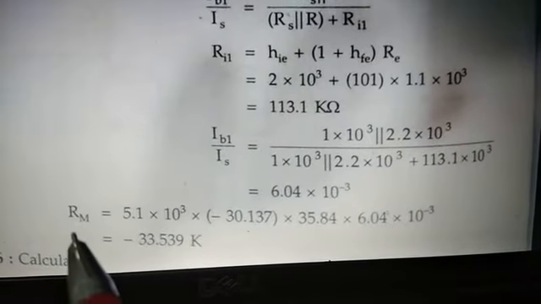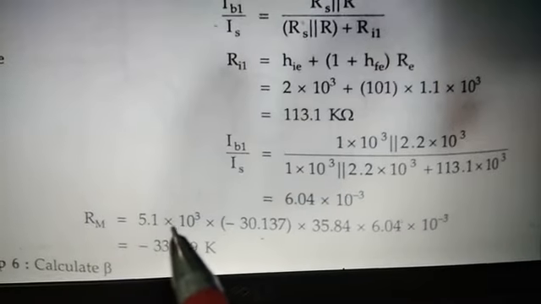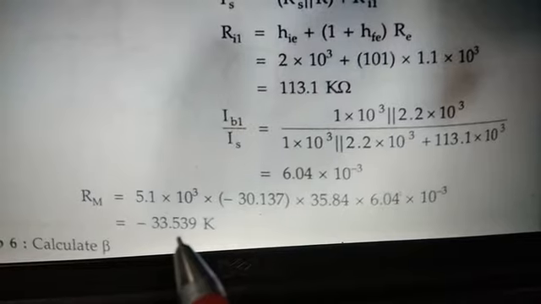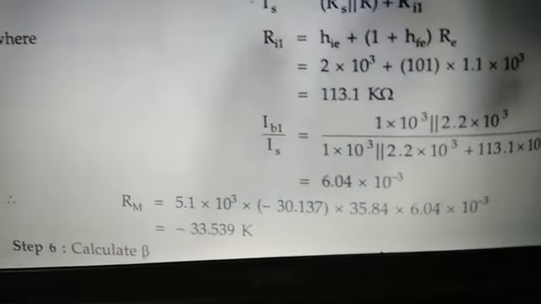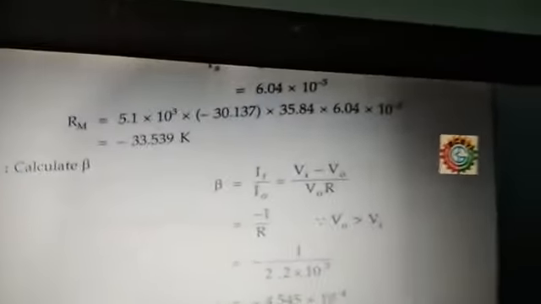And finally, you calculate this value of RM by putting these values. That is four factors, four ratios. You will get minus 33.539 kilo ohm. So once you get this RM, then calculate the beta factor.